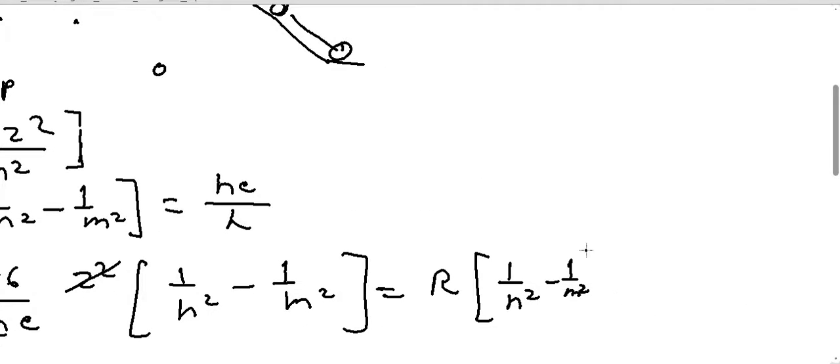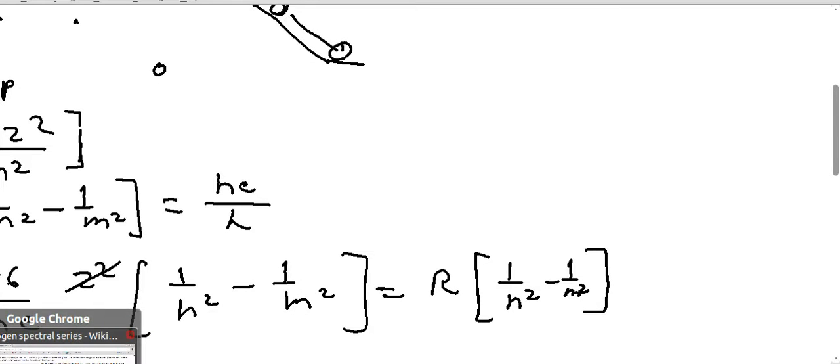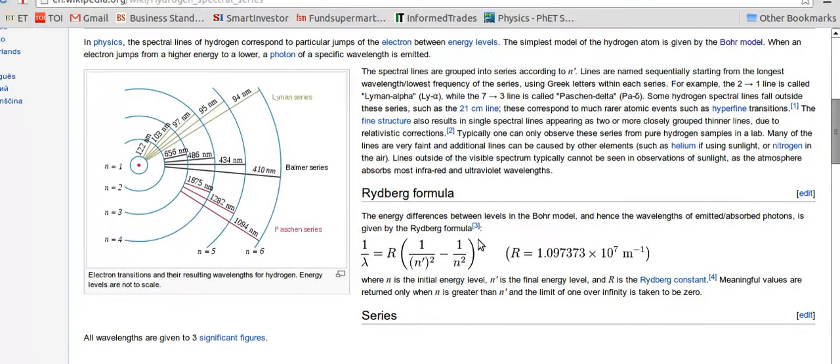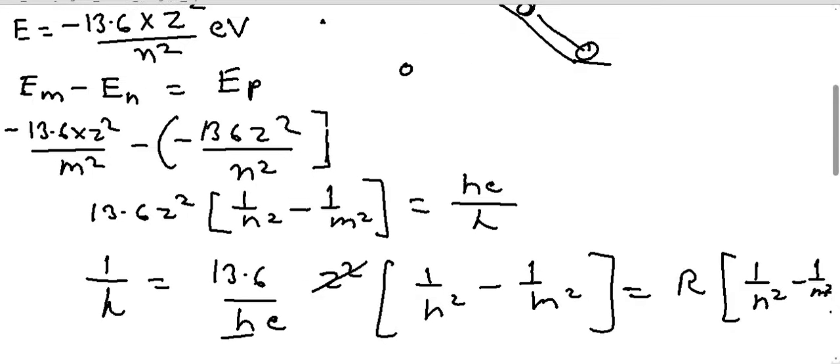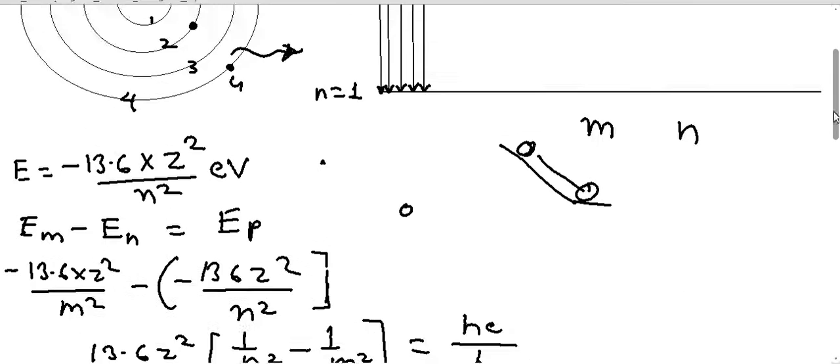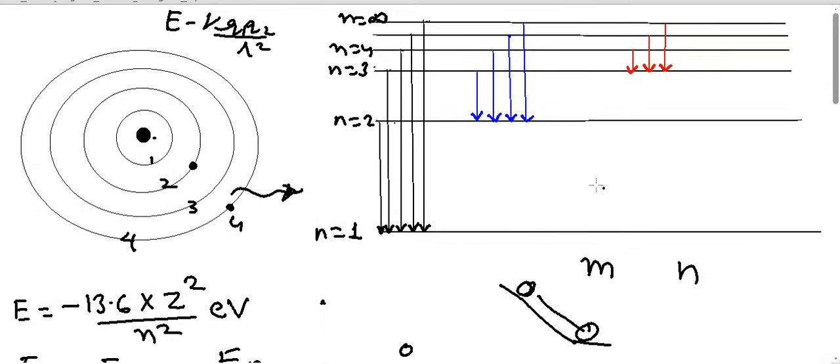So basically what I have done is I have derived this Rydberg's formula from the basic energy conservation law. So now finally I have this formula: 1 by lambda is equal to R into 1 by n square minus 1 by m square.